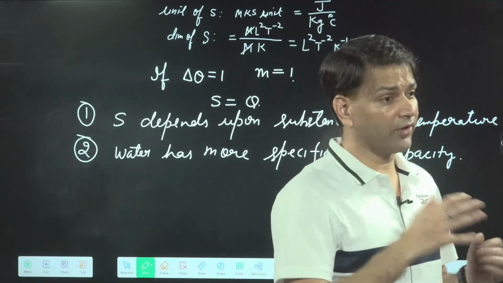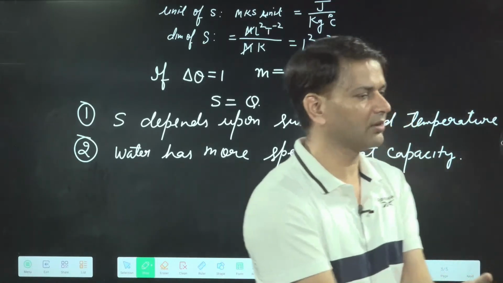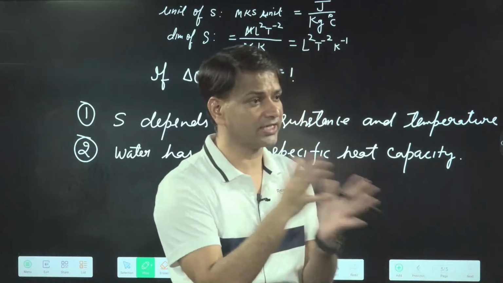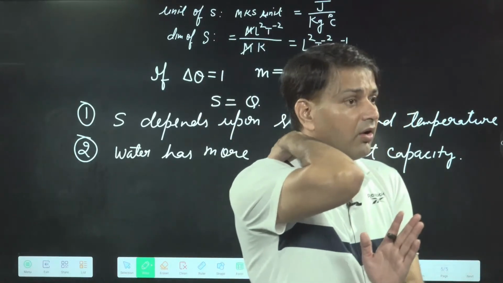That's why when we want to eject heat from somewhere, like a nuclear power plant, we want to eject the extra heat, so we use water as a coolant. Why?